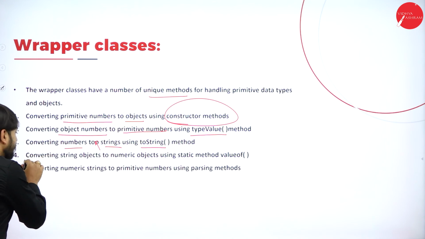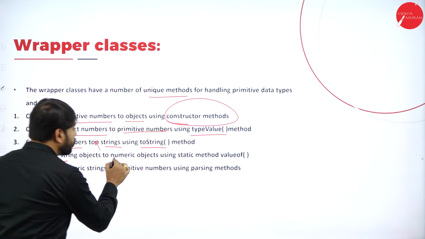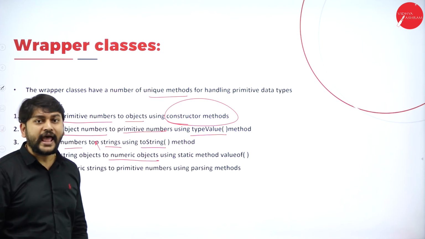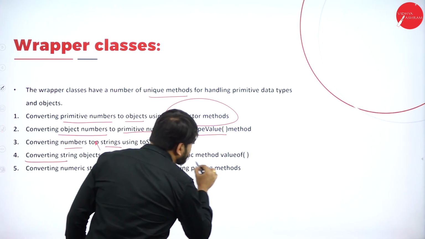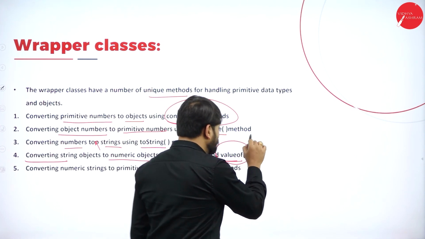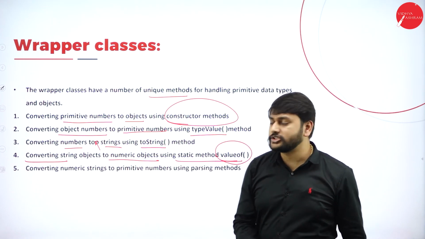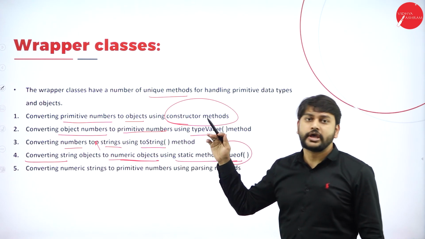And the next one is converting string objects to numeric objects. How do you do that? Using the static method valueOf. This is what you need to understand, valueOf. Using this method, I will be converting the string objects to numeric objects.